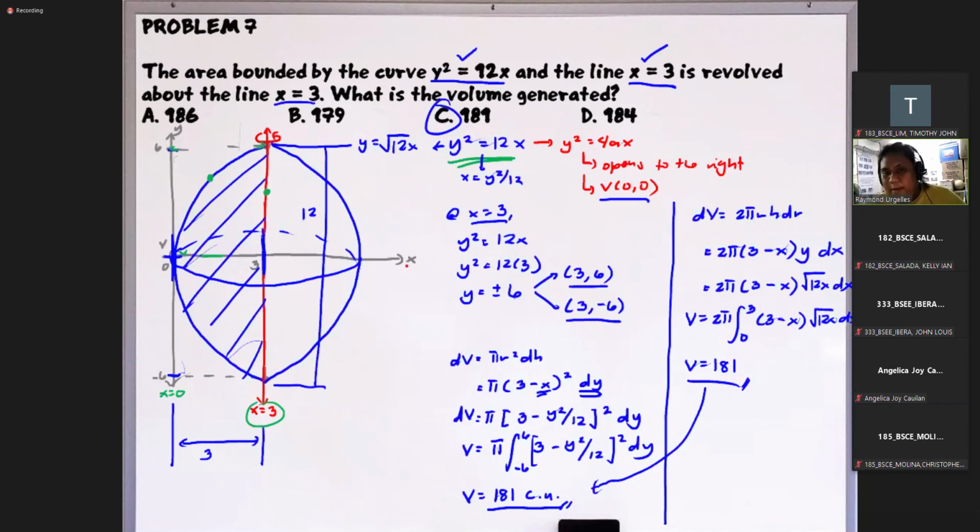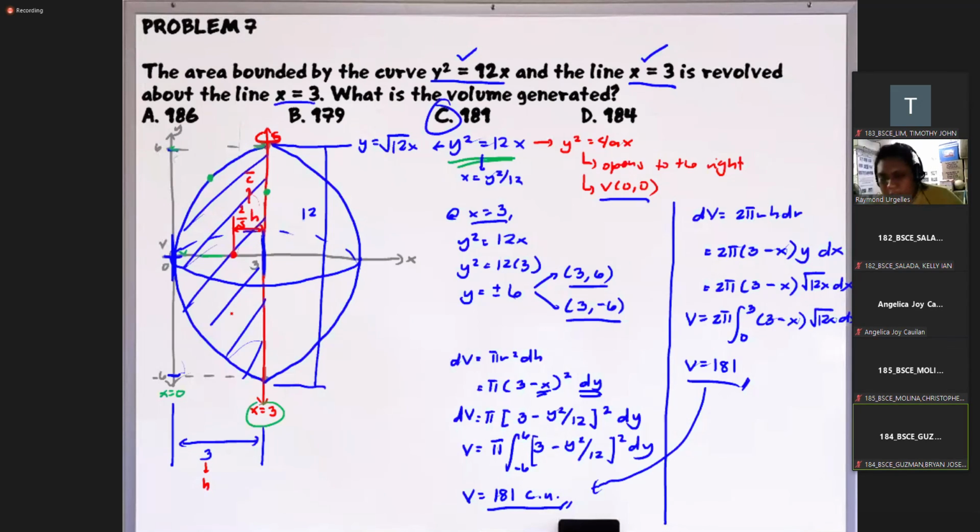Kasi axis ng parabola natin dito, x-axis. So somewhere here, pag mineasure natin siya from the base of the parabola, this is 2/5 of the height. So ito yung height natin. Nagkataon dito na ito na rin mismo yung axis of revolution natin. Therefore, by definition natin sa Pappus theorem, ito na rin yung ating c-bar.